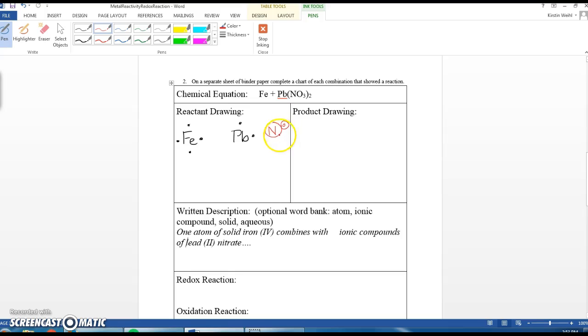Remember, nitrate is 1 nitrogen with 3 oxygens. And when I look at my polyatomic chart, it tells me it has a -1 charge. That tells me it's going to gain 1 electron, and the reason is that it has 7 and wants to gain 1 electron to make it be 8 valence electrons.